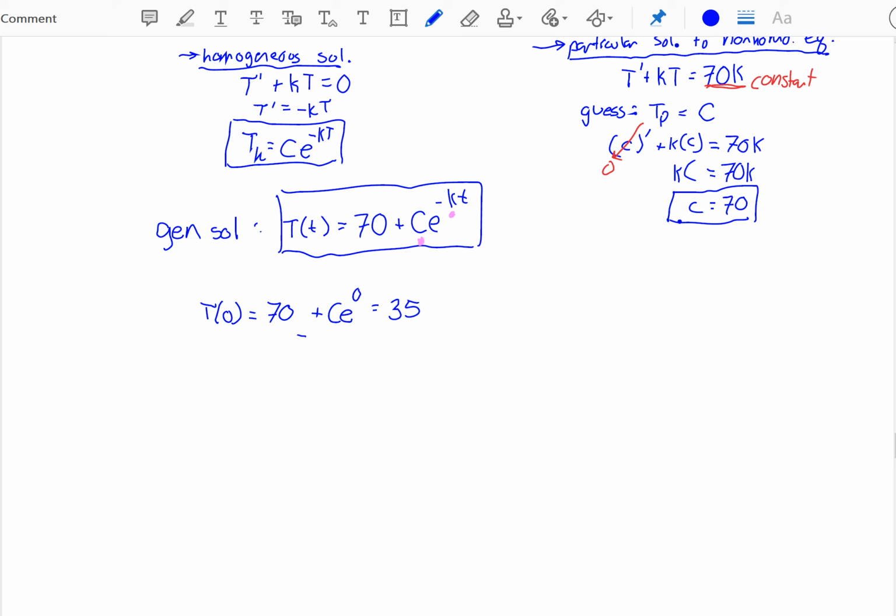This gives us 70 plus c is 35, which we should be able to obtain then that c has to be negative 35. This makes our model start to look like T of t is going to be 70 minus 35 e to the negative kt.